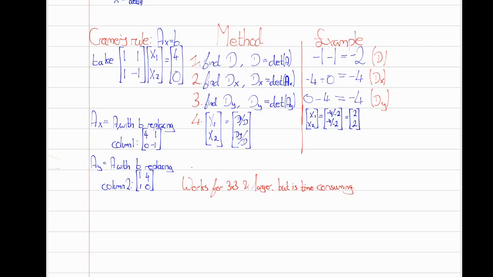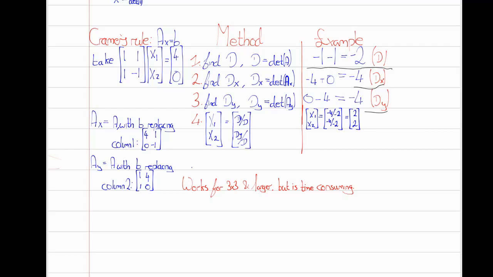So, finding the determinant of each of these, we're going to have 1 times minus 1, which is minus 1, minus 1 times 1, which is minus 2, over here. We're then going to find the determinant of this here, 4 times minus 1, minus 1 times 0 is going to be minus 4, that's D sub X. And finally, the determinant of A sub Y is given by the determinant of this here, which is minus 4.